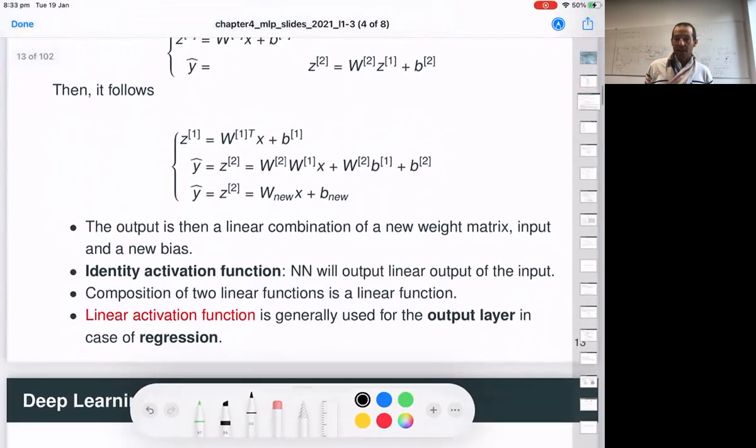So in fact, doing a linear combination with many layers, we don't exploit the advantage of a neural network to get something nonlinear, and we don't exploit the power of the neural network to approximate any nonlinear function. So just keep in mind, summary in red: a linear activation function is used for the output layer in case of regression.